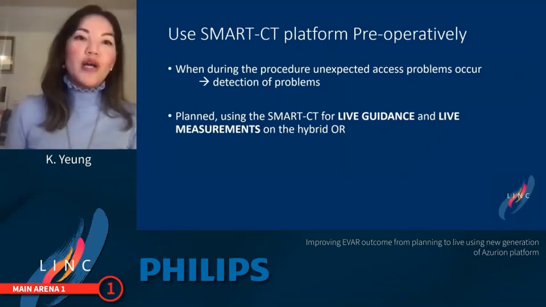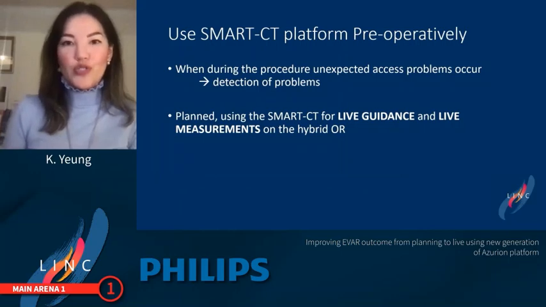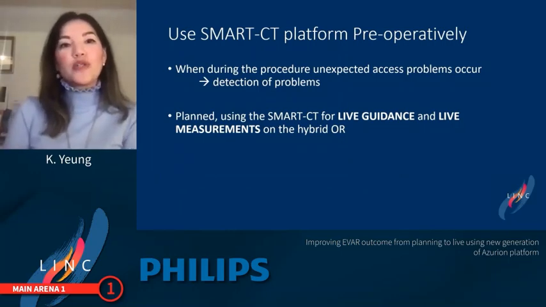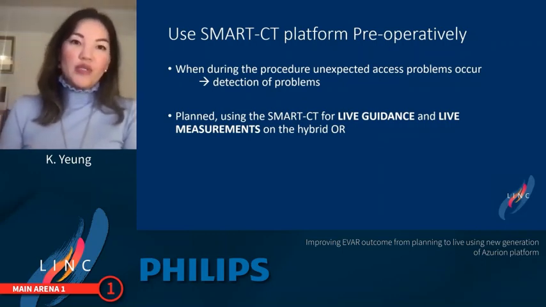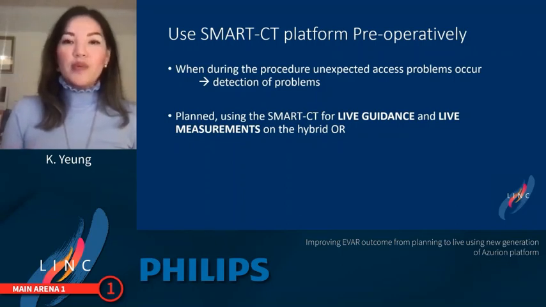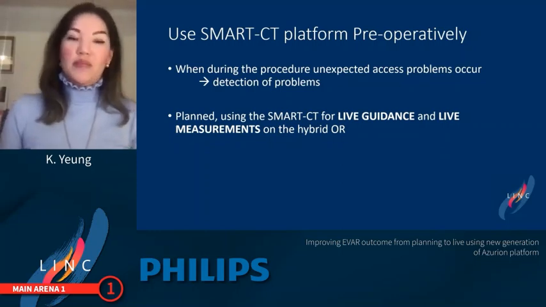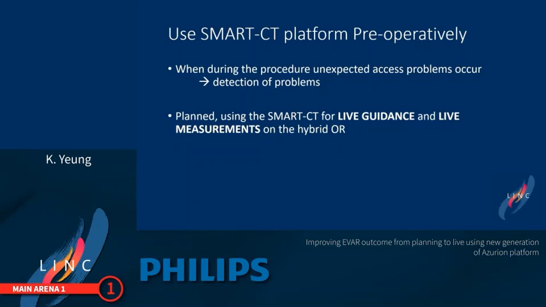Now I have shown you how you use the Smart CT post-operatively, and most of our vascular surgeons use the Smart CT post-operatively, but you can also use the Smart CT platform pre-operatively. When during the procedure unexpected access problems occur, like you cannot advance your wire and you want to know what's happening, you can make a Smart CT in your hybrid room during your procedure to detect problems.